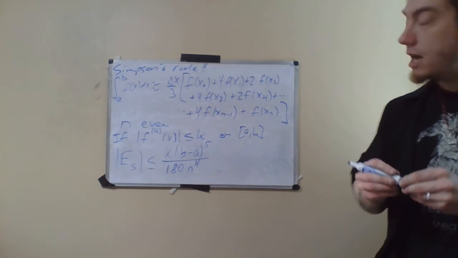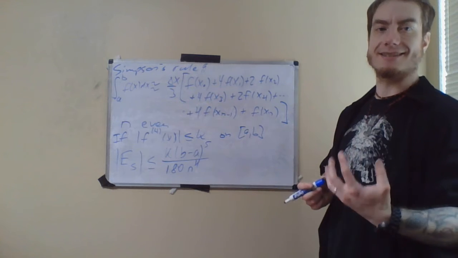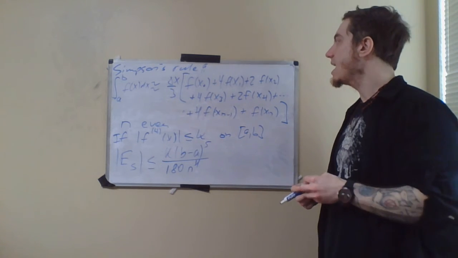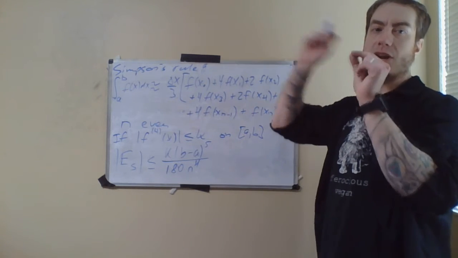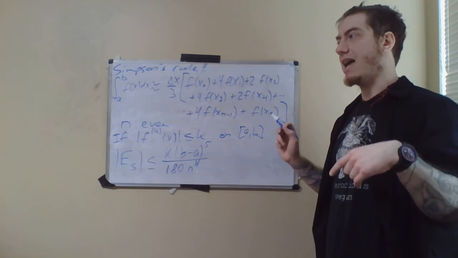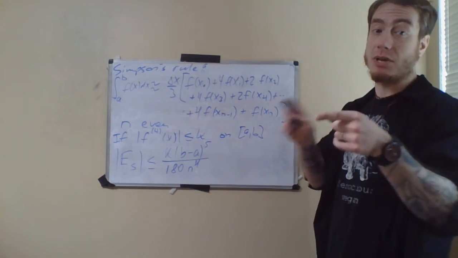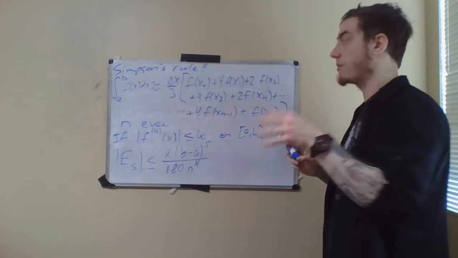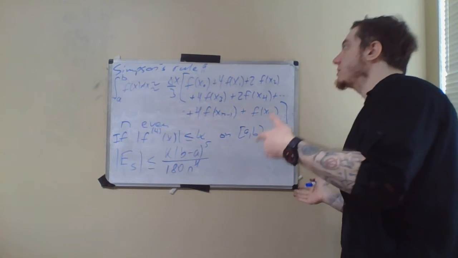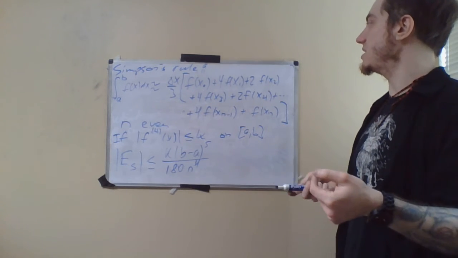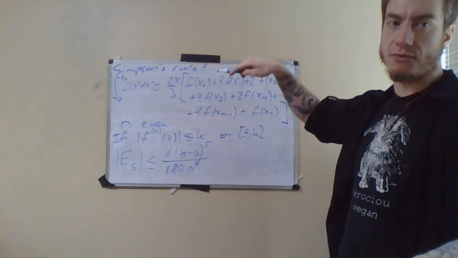Honestly, Simpson's rule is one of those straightforward but very tedious derivations where you say, okay, if I have a parabola and I have 3 points the parabola goes through, we can therefore write down an equation for the parabola, because any 3 points will give you a parabola. I don't know if you remember that from pre-calculus, but 3 points determine a parabola. We have 3 points. Let's take these 3 points and now calculate the integral of the parabola over this subinterval.